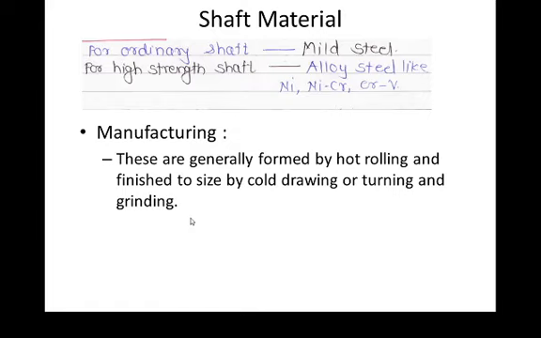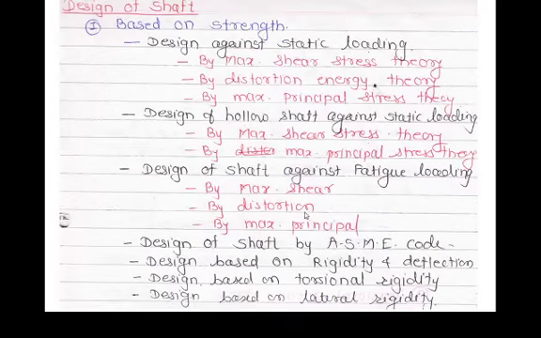These shafts are manufactured by hot rolling and cold drawing processes. These materials are specifically designed for working on torque, because the shaft is mainly subjected to torque, so it will use the torsion equation, that is T by J is equal to tau by R is equal to G theta by L.